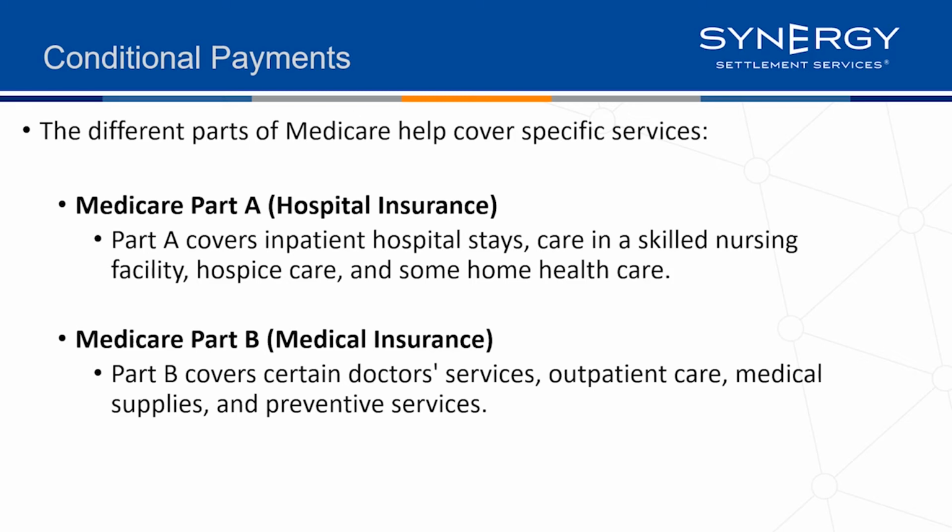Traditional Medicare Part B insurance will cover certain doctor services, outpatient care, preventive services, and medical supplies or durable medical equipment. So if your client is enrolled in traditional Medicare Part A and Part B, you are going to be able to request the conditional payment information from Medicare because they will have this information in their database, which they can share with you.